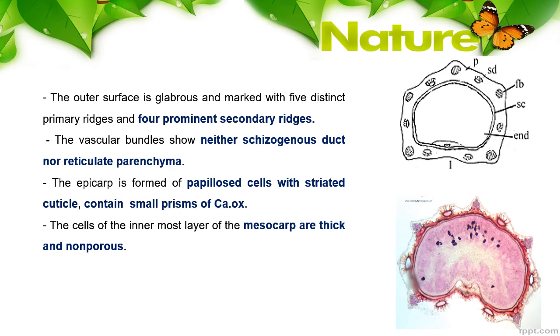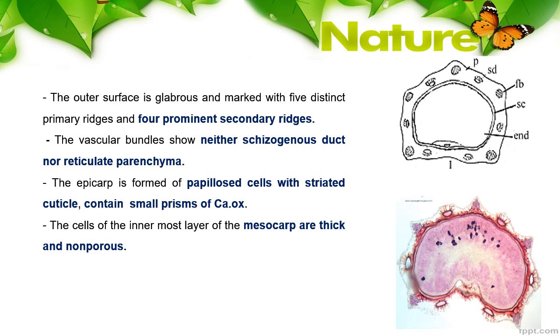Diagram of the sector in Ammi majus: raised or prominent secondary ridges, 5 primary ridges, below each one a vascular bundle, fan-like vitta as in Ammi visnaga, seed structure. The vascular bundle showing neither schizogenous duct nor reticulated parenchyma.